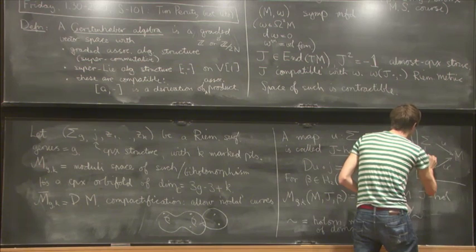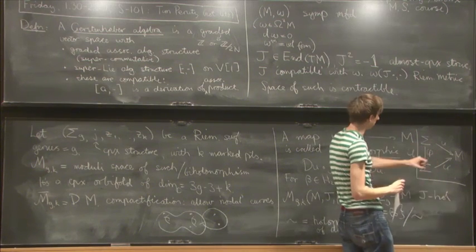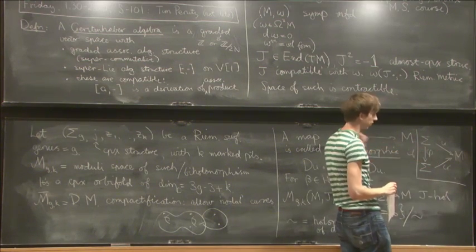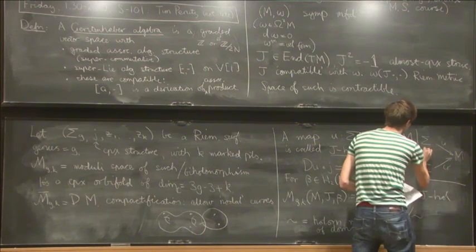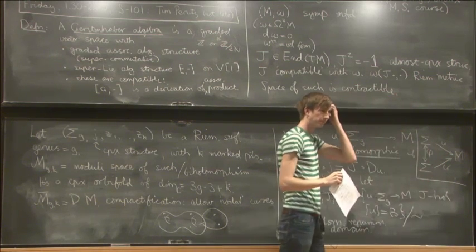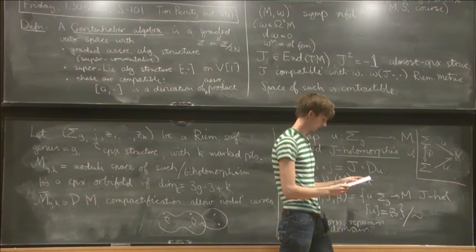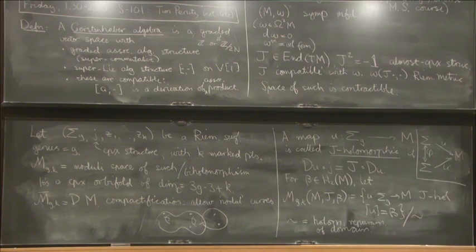They are equivalent if there exists a biholomorphism like this, preserving all the marked points such that this commutes. Okay.